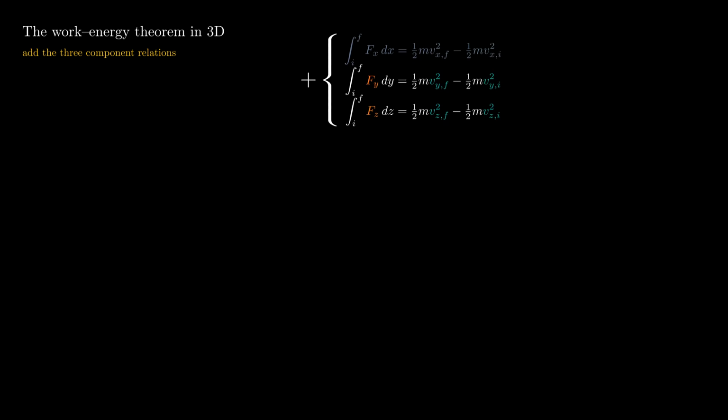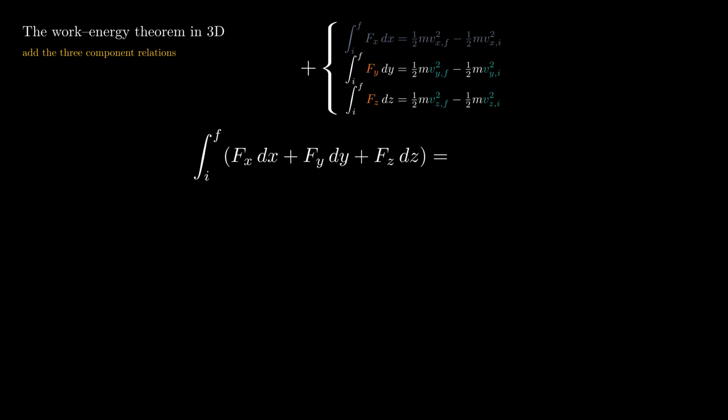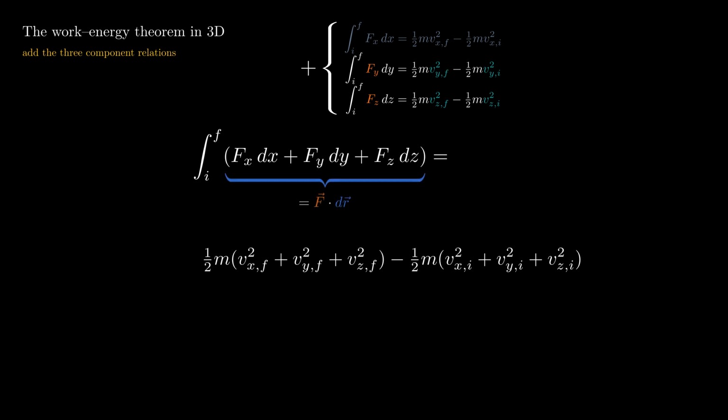Nothing in that argument cared which axis it ran along. The same chain works in y and in z. The integral of F sub y dy equals the change in 1/2 mv sub y squared, and the integral of F sub z dz equals the change in 1/2 mv sub z squared. Add the 3 equations. The left-hand side becomes the integral of F sub x dx plus F sub y dy plus F sub z dz, and that sum is exactly the scalar product of the force with the displacement, integrated along the path.